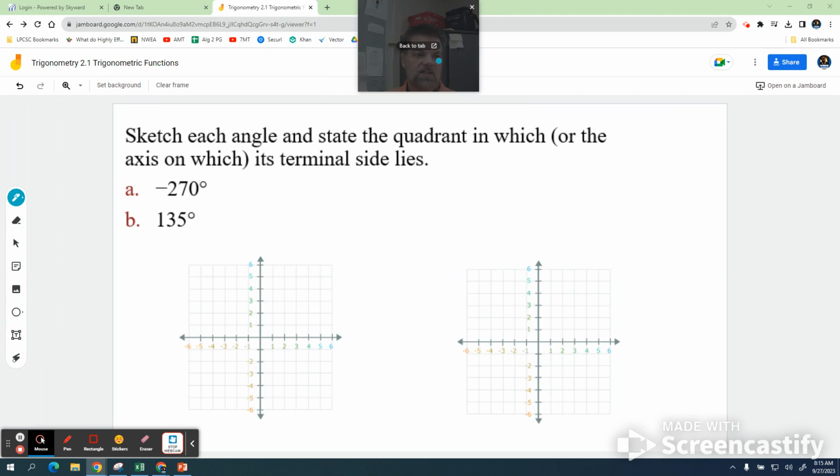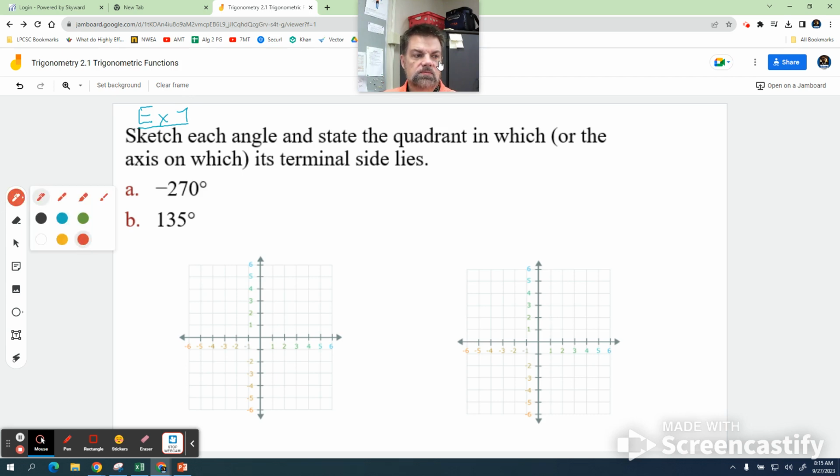So technically, this is example number 1. And what they'd like for us to do is they want us to graph these angles. So what I want you to remember is that from here to here is 90 degrees.